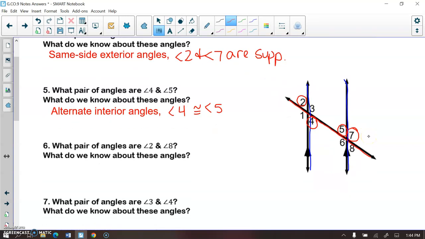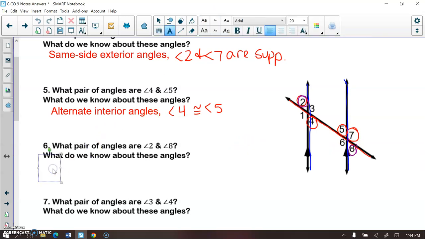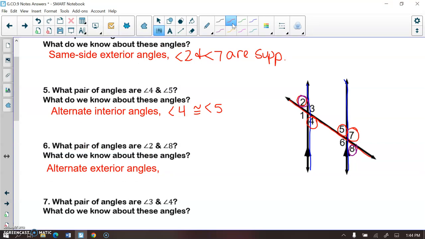All right, angle 2 and angle 8. Opposite sides of the transversal and on the outside of the parallel lines. These are alternate exterior angles. And alternate exterior angles are always congruent when we're dealing with parallel lines.